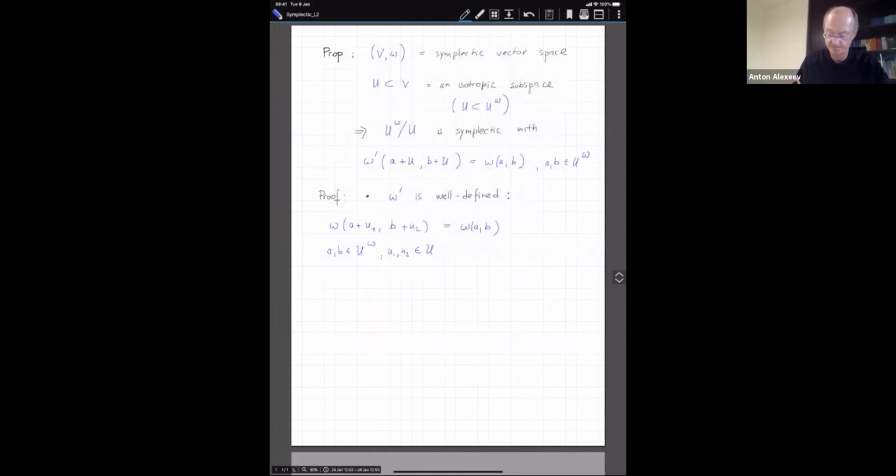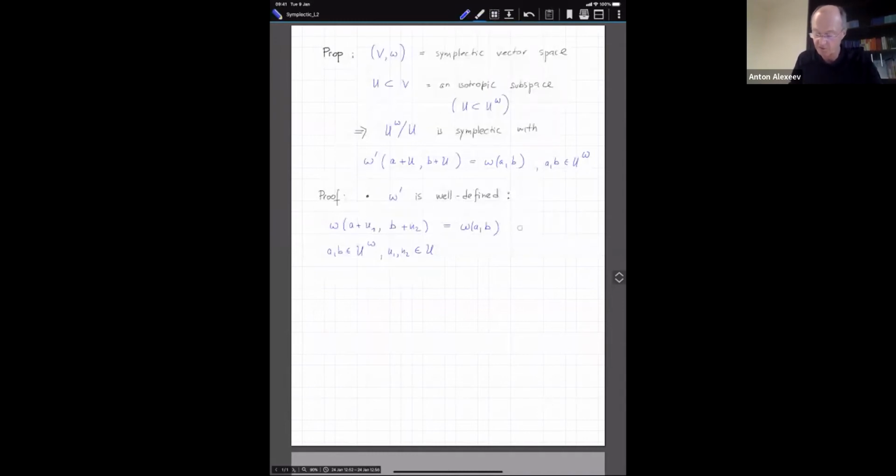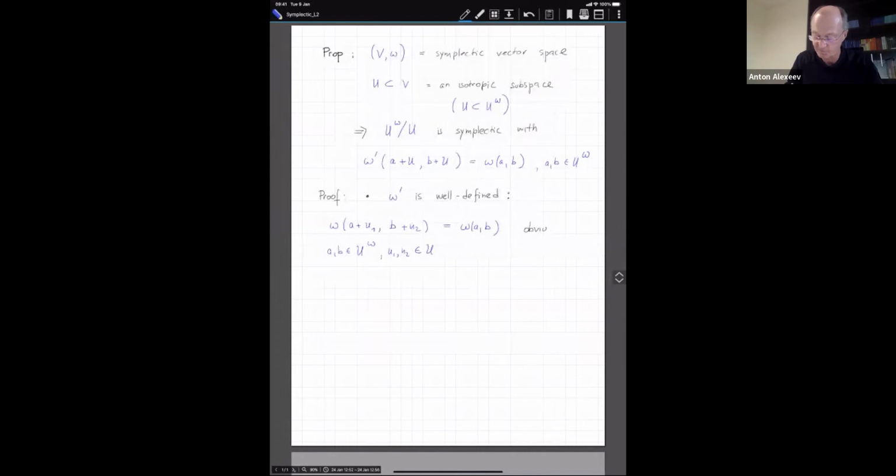And this is because U is contained in U omega. Of course, we know that omega on an element of U omega and on an element of U gives 0. It is just obvious, right?